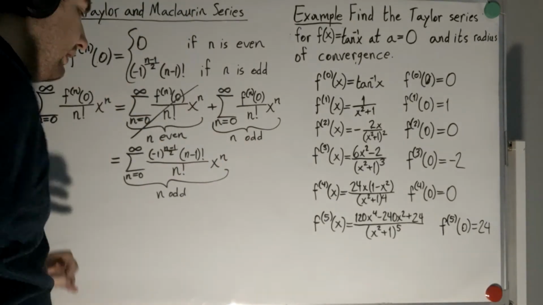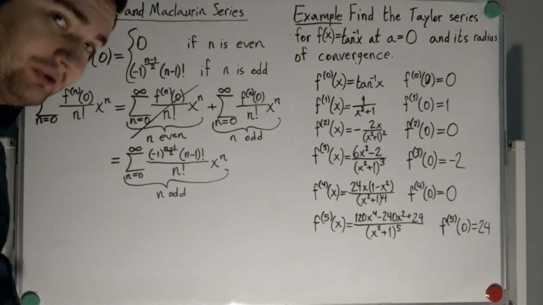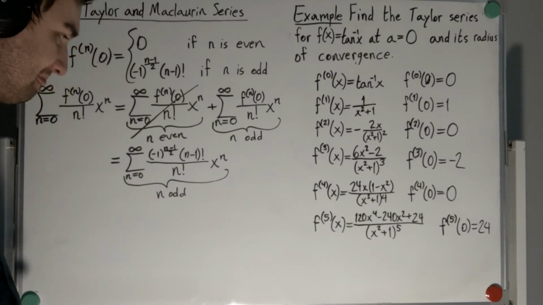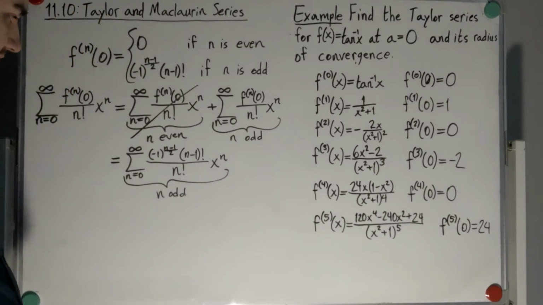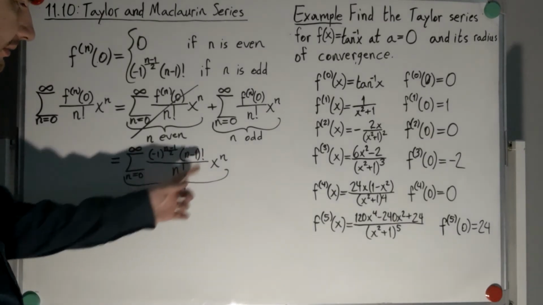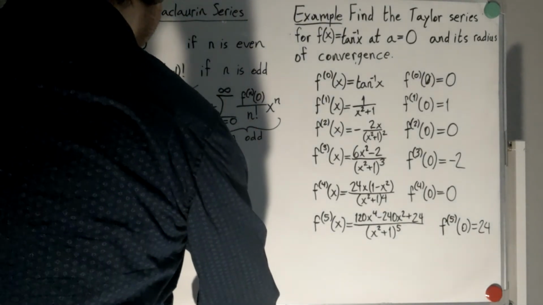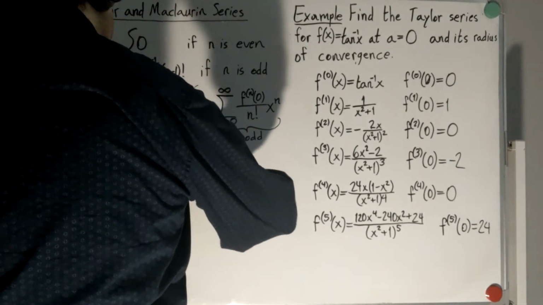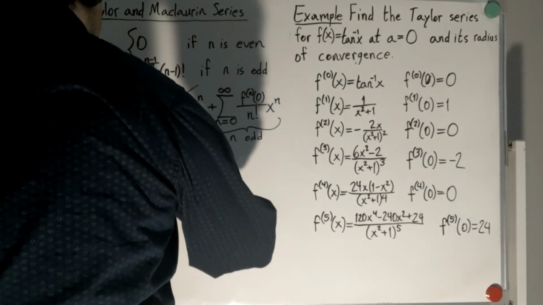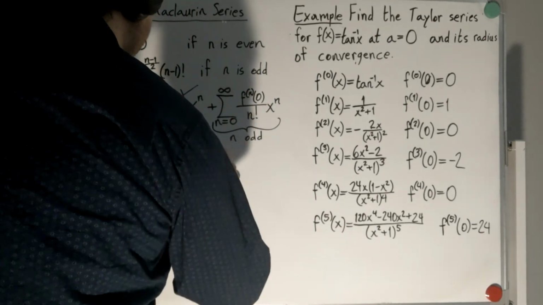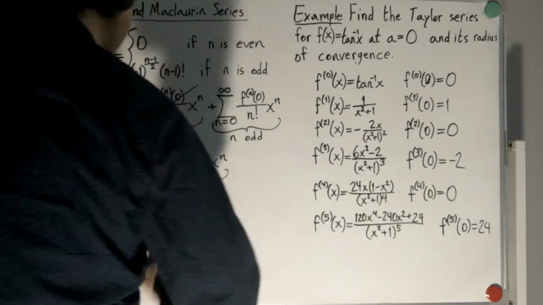If n is not odd, then don't do that. Okay? And I just want to point out (n minus 1) factorial divided by n factorial is just 1 over n. So if we desire, we can simplify this a bit by getting rid of the (n minus 1) factorial and the factorial on the bottom, and then we just have n on the bottom.